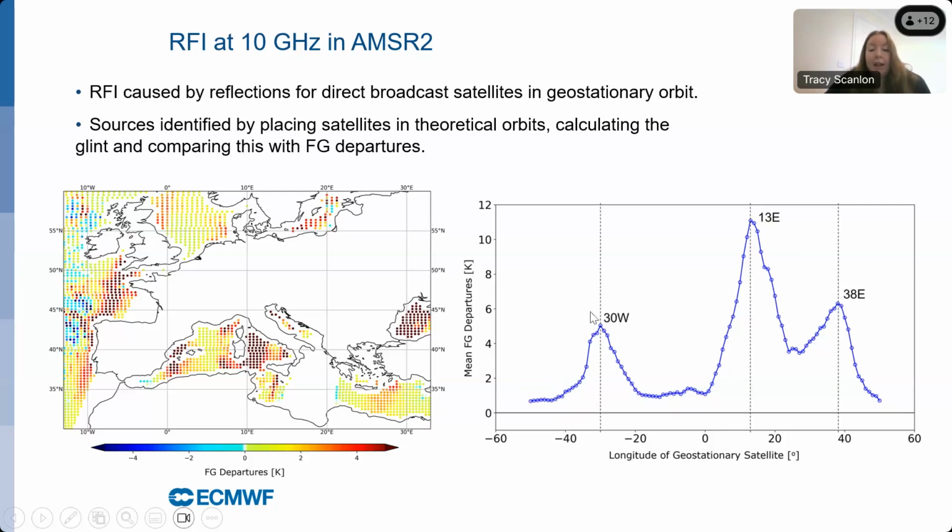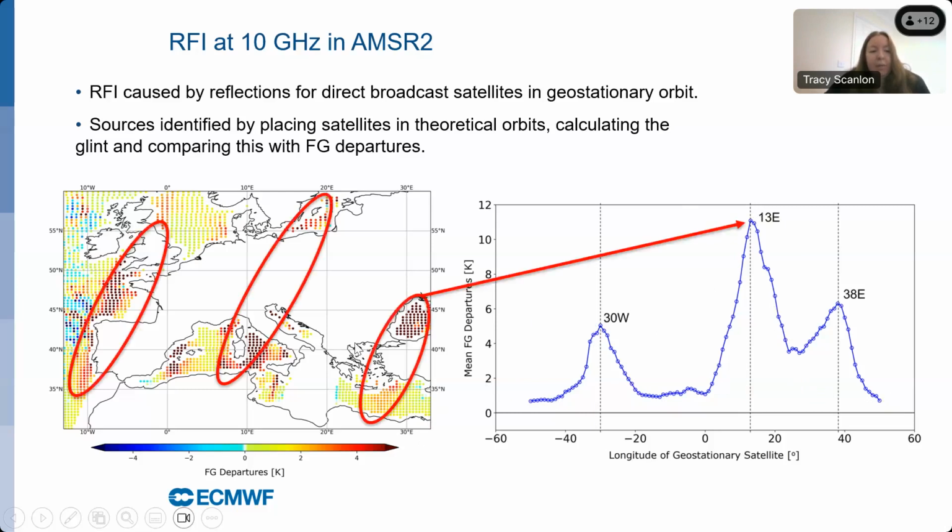And then I've put these into this nice little plot, which you can see on this side, to show that we see peaks of the first guess departures which correspond with a satellite in orbit at these particular longitudes.